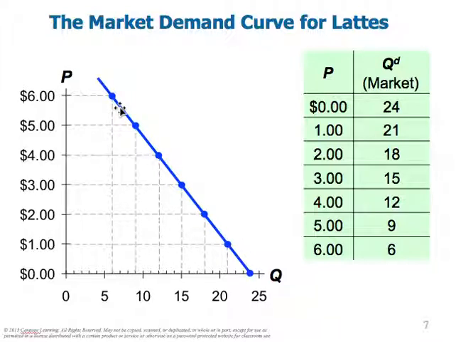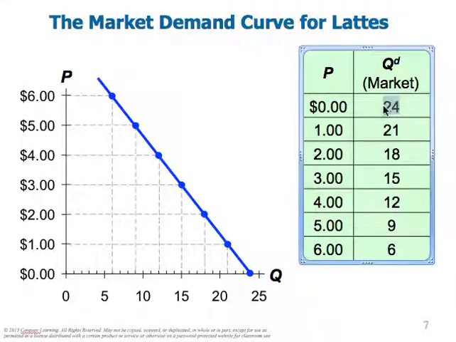Again, this table is the demand schedule, and when you plot this table, you get the market demand. This single point here, 24 at a price of 0, is a quantity demanded.